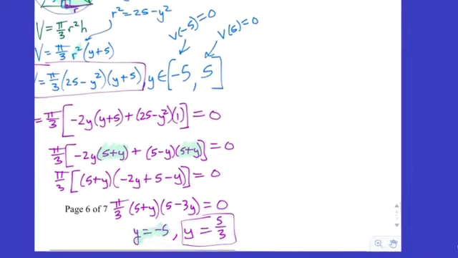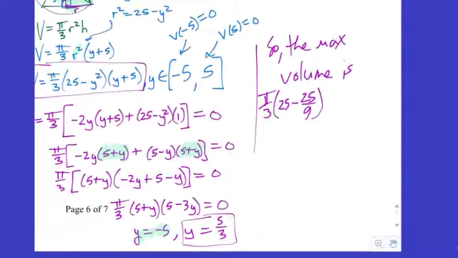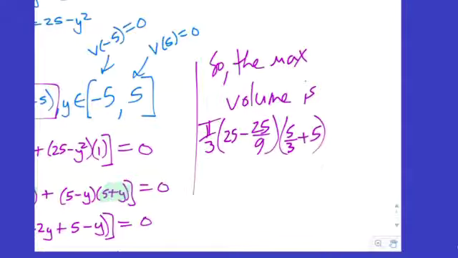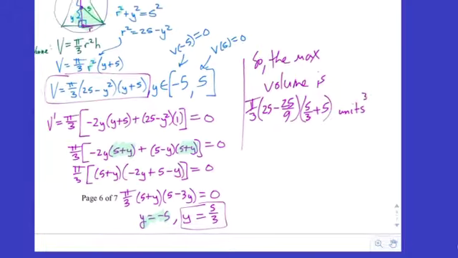So, answering the question, we'll say the max volume is, and I'll just plug it in, pi thirds times 25 minus 5 thirds quantity squared is 25 ninths. That saves a little bit of parentheses. Times 5 thirds plus 5. And I'll just keep that as an exact answer. And since we don't know what the units of 5 were, it would just be cubic units. And you don't even have to put that. But it would be cubic units, cubic feet, cubic inches, whatever.